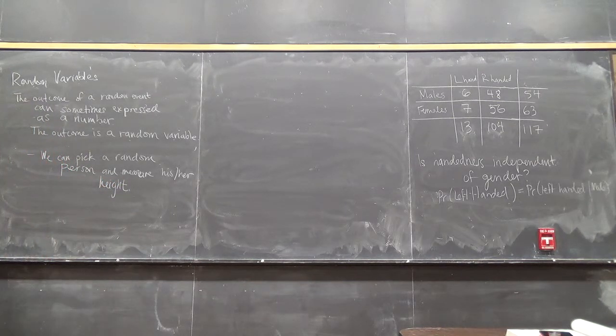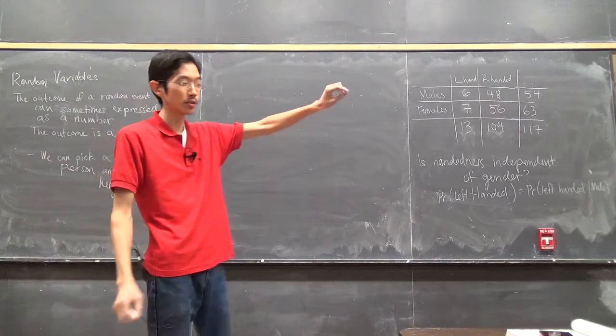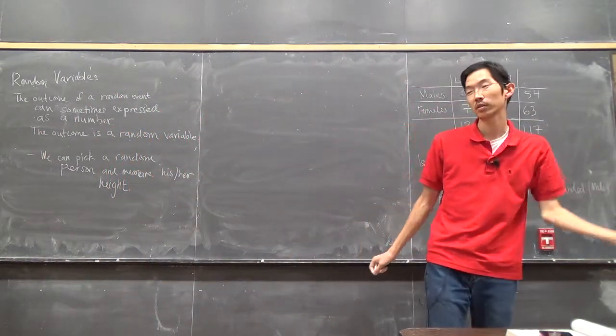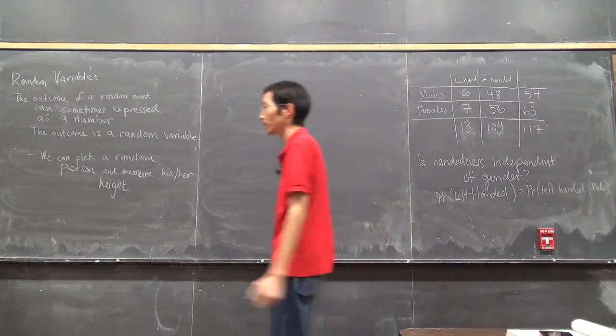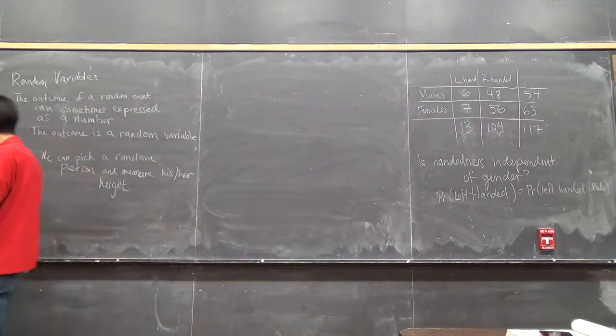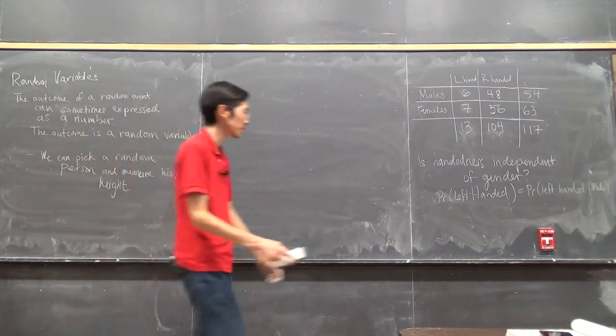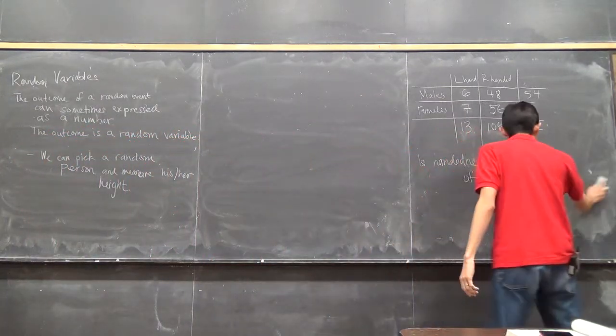The number we get for height is random because it's tied to the selection of a random person. We can't predict how tall the next person we select is going to be. So that would be random.